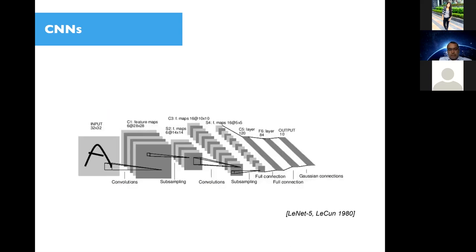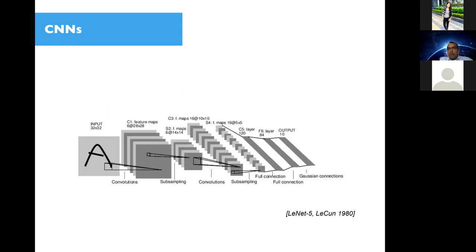Also, convolutional neural networks are not a new concept. They were proposed in the 1980s by Yann LeCun, and at that point they were used for digit recognition.